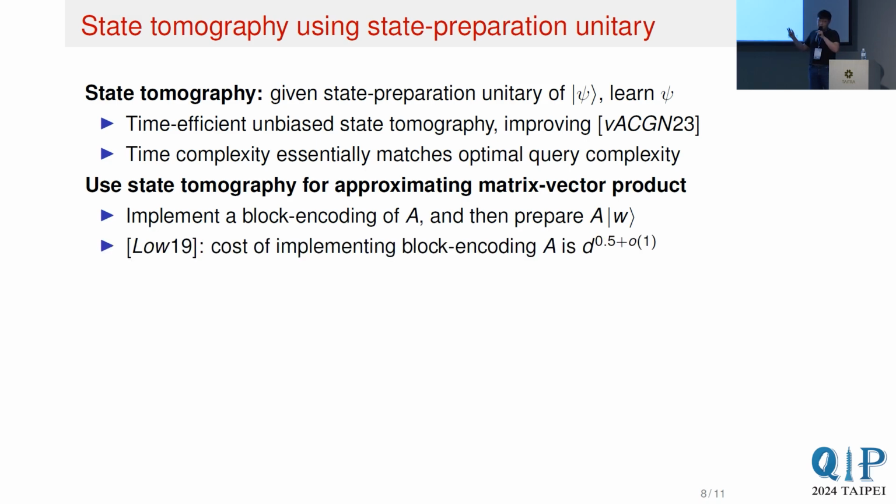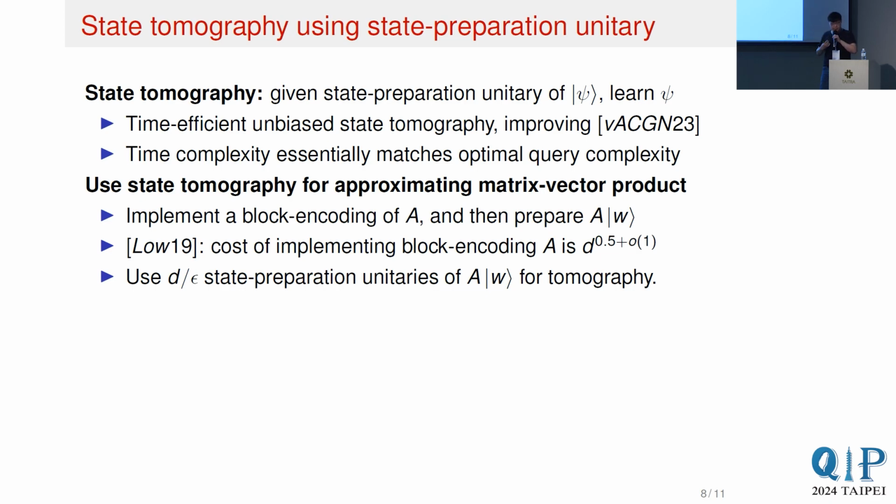By using Ross's result, we know the cost of implementing the block encoding of A is just square root of D. And by using our result, we know that by using only D over epsilon applications of the unitary, we can have a good estimation for the quantum state AW. If you multiply those two together, you end up with a D to the 1.5 over epsilon time quantum algorithm for approximate matrix vector product.